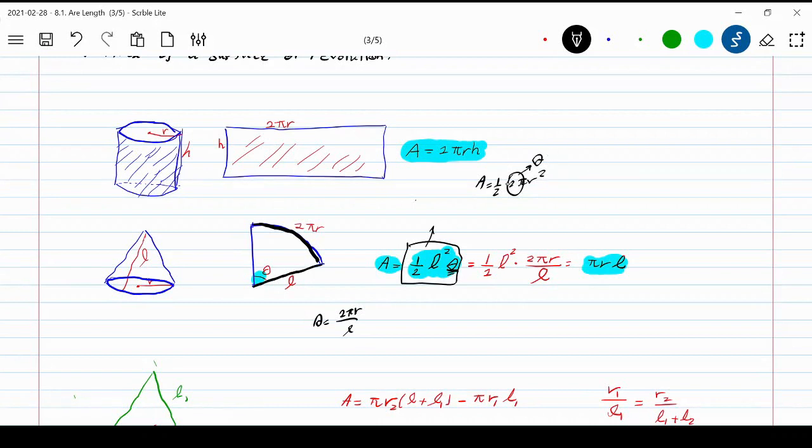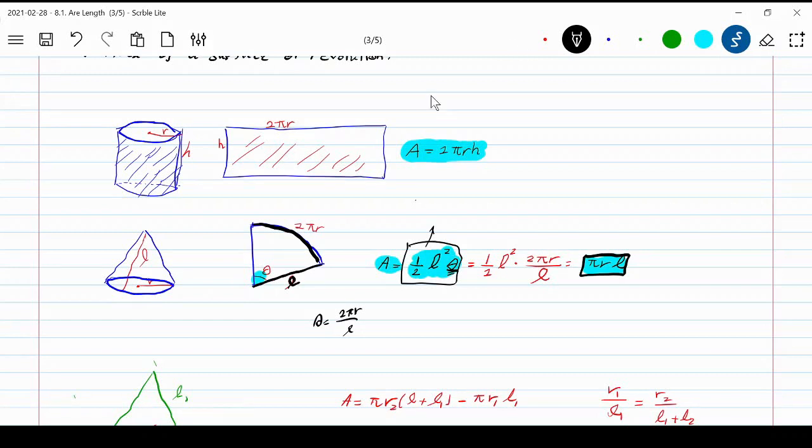So if the angle is theta, it should be 1/2 times theta times r squared, and in this case the radius of the circle is L. That's why we have the formula 1/2 L squared theta. Anyway, if you simplify it, the result is pi r L. This is the surface area of a cone.